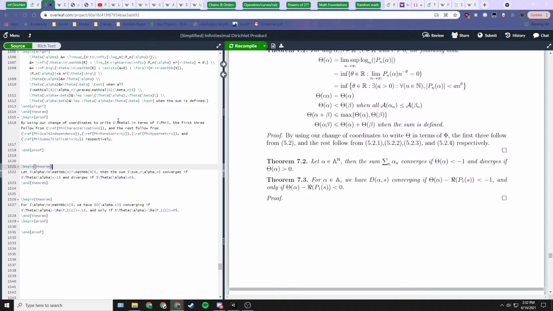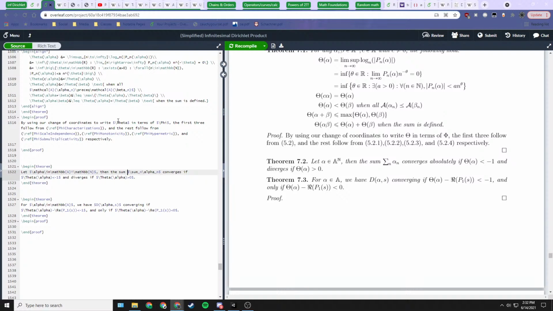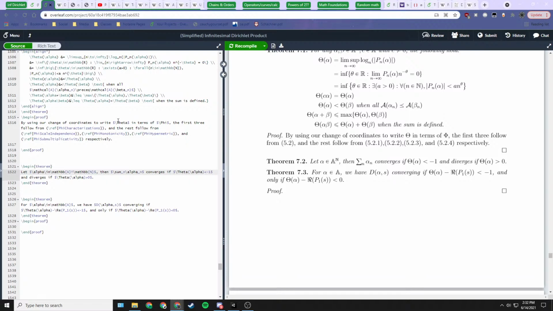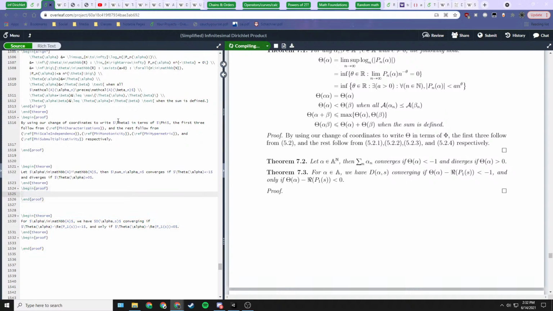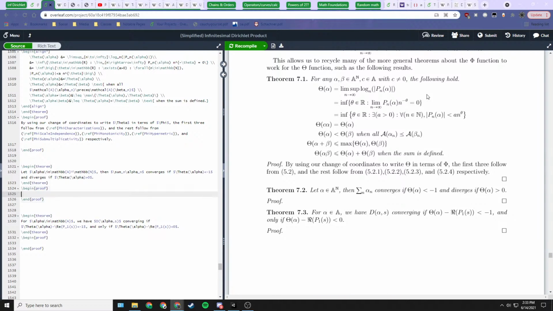Actually, we can say we're just absolutely, it's fine. Okay, so to do this proof, we will need, I think, I want to say both the second and third characterization.